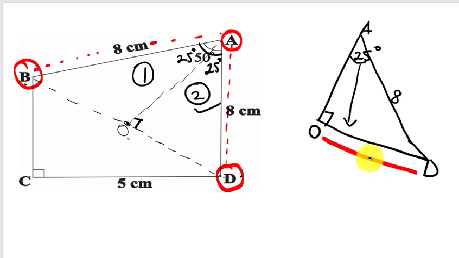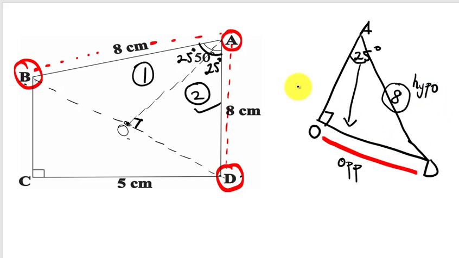So it means that this side is the opposite, and this side, the 8, is our hypotenuse. If that is the case and we want to find OD, since this side is our opposite and we have our hypotenuse to be equal to 8, then opposite and hypotenuse, the trig ratio that will work for this is the sine.